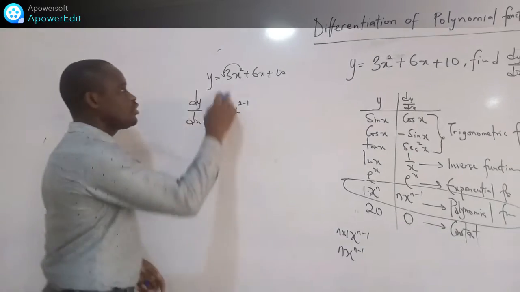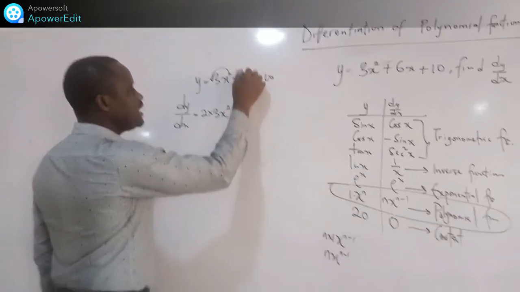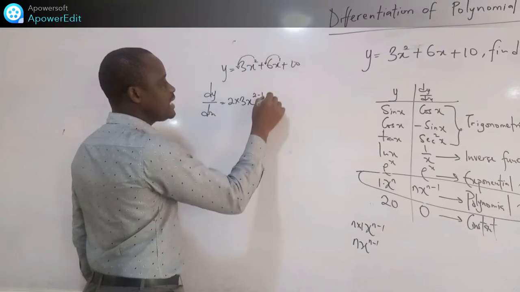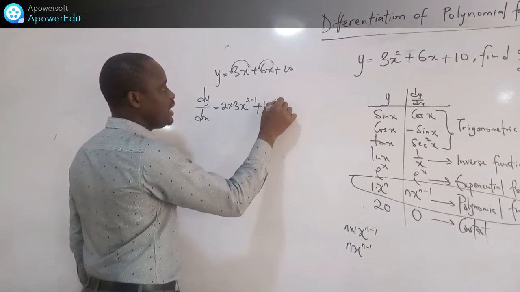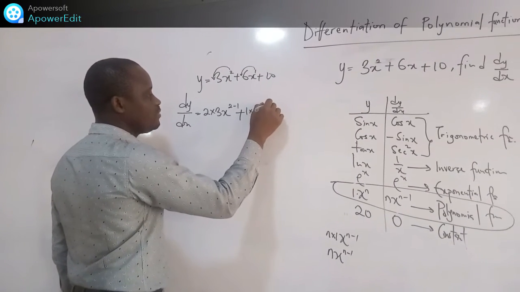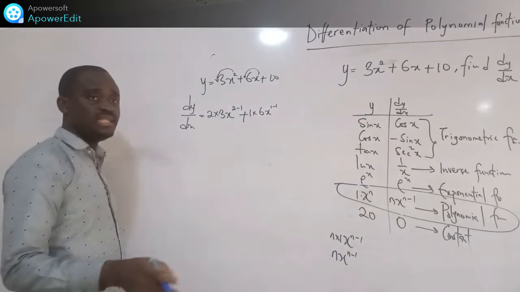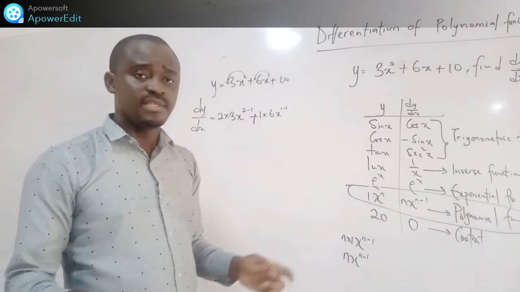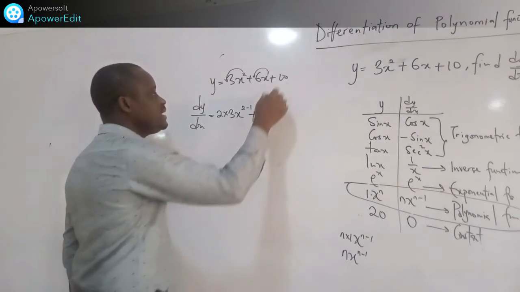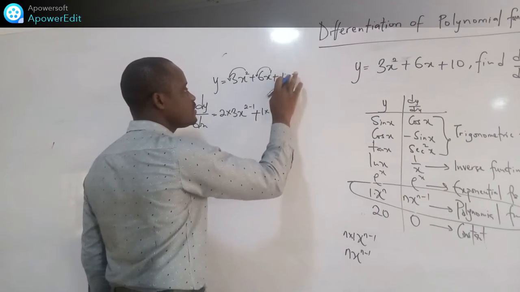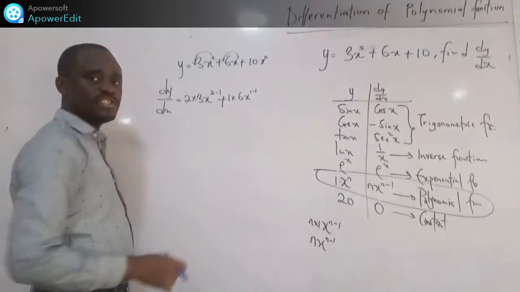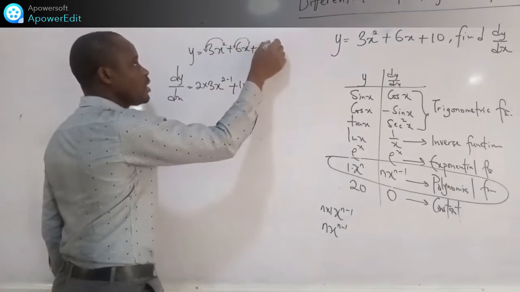So the same thing will go to this. There's a 1 you cannot see here. This one comes down. That's 1 times 6x raised to what? 1 minus 1. In indices, there's a law called the zeroth law, and that law states that any n raised to 0 is 1. You agree with me that this can also have x raised to 0. If I have x raised to 0 here, then this 0 will come down.